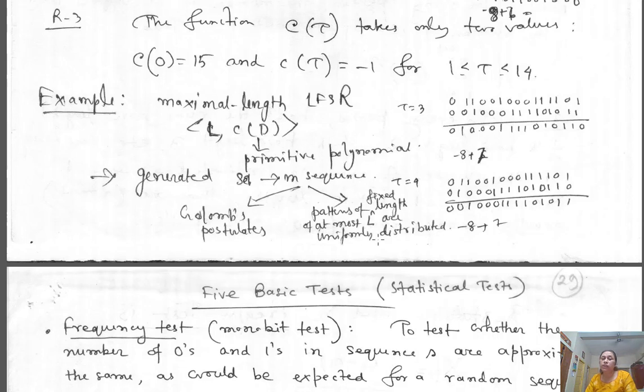We have also discussed this in theorem form: they satisfy Golomb's postulates, and if you consider any pattern of fixed length of at most L, they are almost uniformly distributed. So these LFSR generated sequences are a source of periodic pseudo-random sequences.